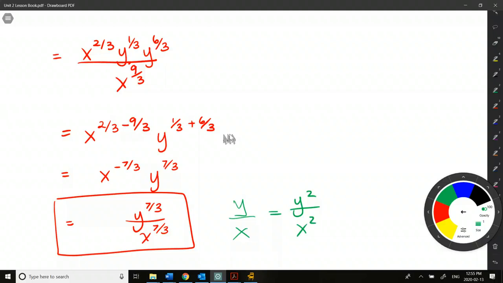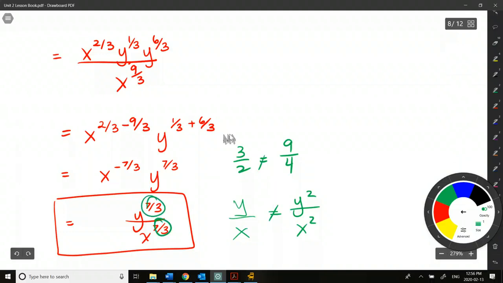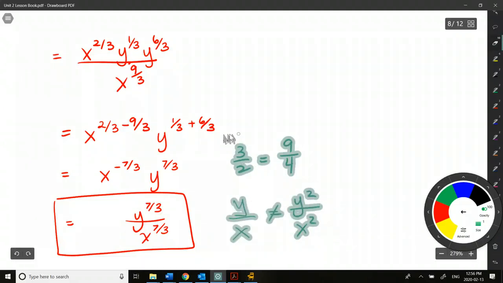Test an x and a y value. If y is 3 and x is 2, is 3 over 2 equal to 3 squared over 2 squared? This is not equal, right? So can I cancel these? No. You weren't going to do it? That's good.